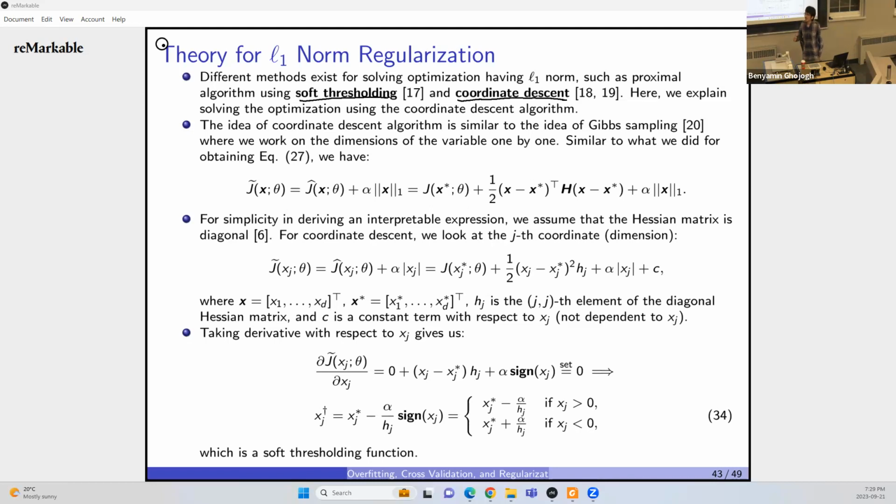And by the way, its idea is similar to Gibbs sampling. Have you heard of Gibbs sampling in statistics? No? So in Gibbs sampling, when we have a probability distribution, which is a joint distribution of a lot of variables, it's maybe hard to draw a sample from this joint distribution. It might be very complicated. Then we say, let's consider one of the variables and condition it on all other variables. What do I mean by conditioning?